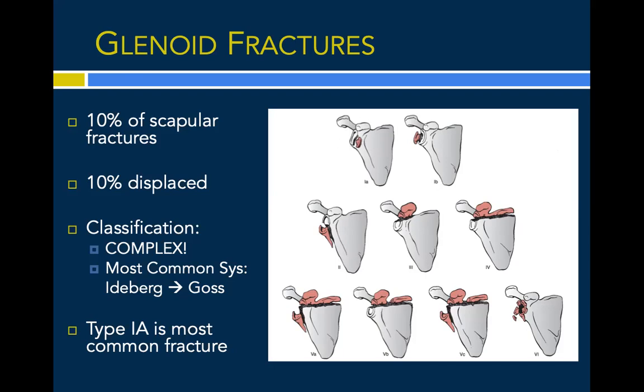Does anybody know what a type 1A is called? I'll give you a hint, it goes with the shoulder dislocation. Bankart. Exactly, this is called a bony Bankart. So anterior glenoid rim fracture, AKA bony Bankart, is the most common type we're gonna see, which occurs with an anterior shoulder dislocation.